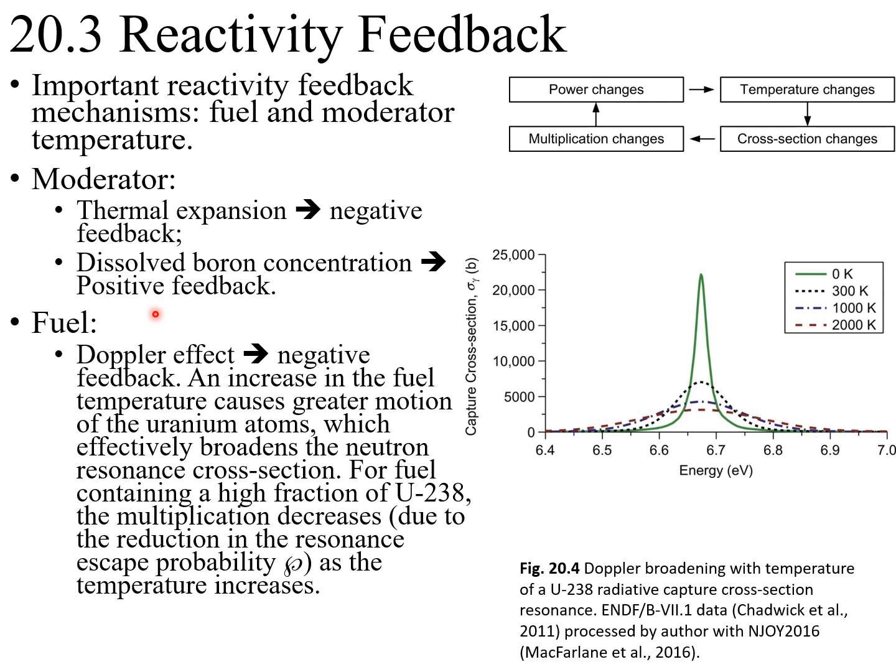For the fuel, it will give you the negative feedback. This is due to the Doppler effect. As shown by this figure, you will see that at 0 K, you have a very narrow and tall capture cross-section peak. With increasing temperature, this peak is lowered and also widened.